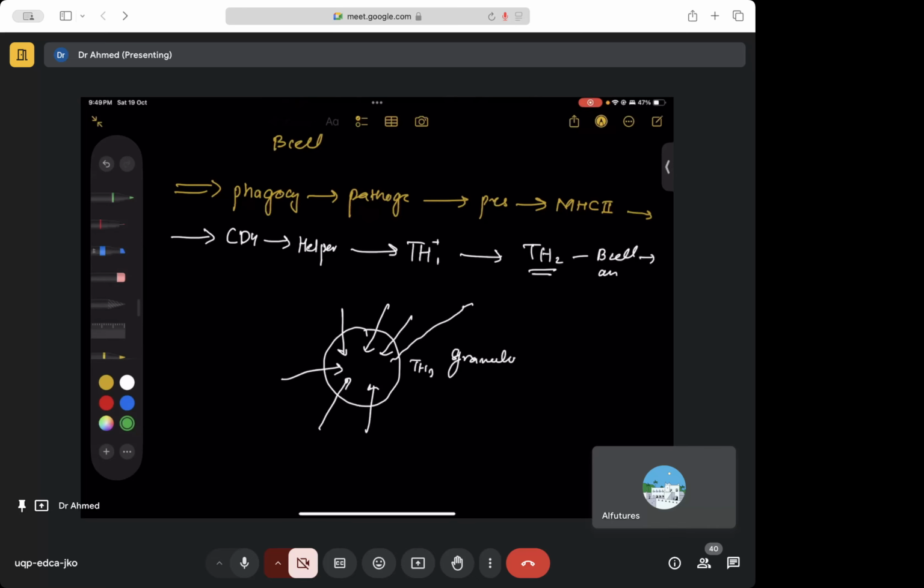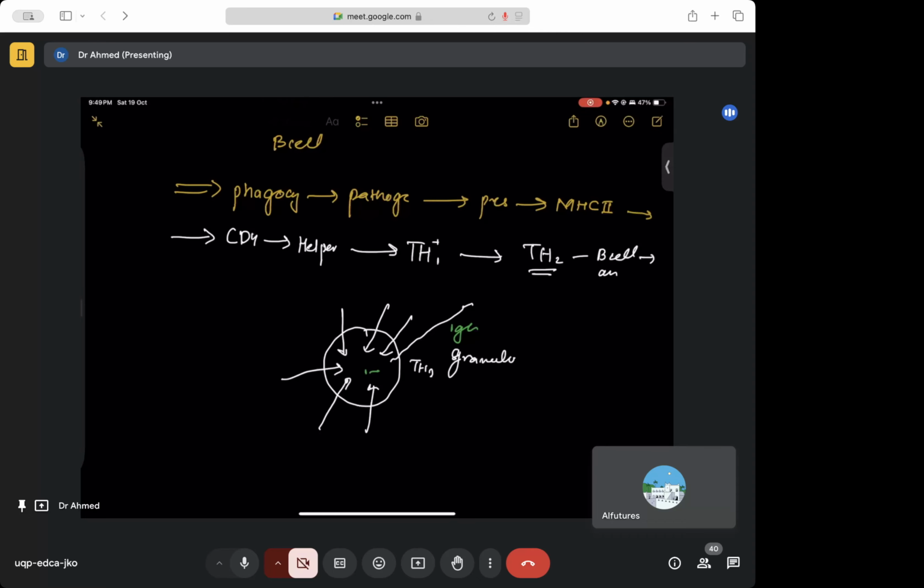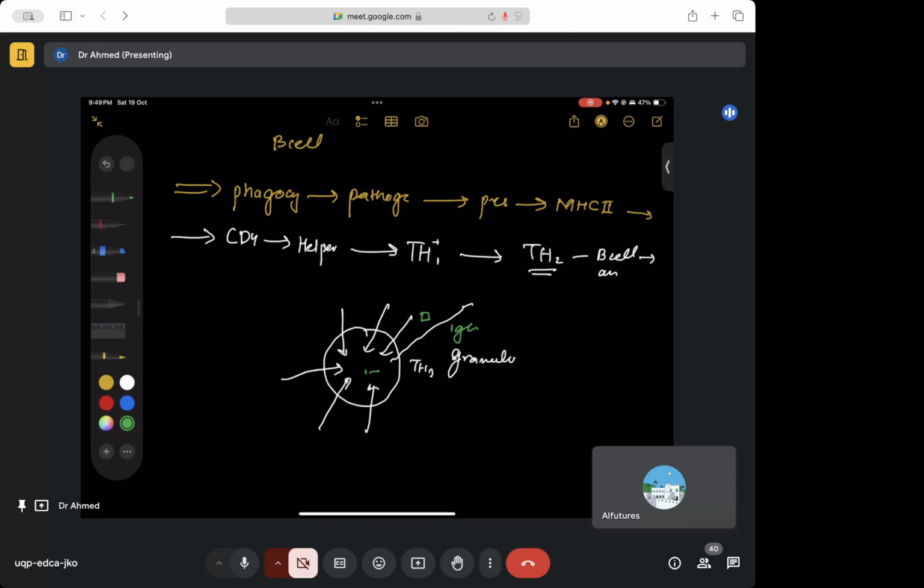For example, if I have IgG, can it enter my cell and destroy this pathogen? No. Antibodies can only attack pathogens which are extracellular. So for intracellular ones, only your macrophages are going to come. Either they can form a granuloma or they can directly destroy all of the cells. So whenever you see an intracellular organism, which response are you going to see, TH1 or TH2?